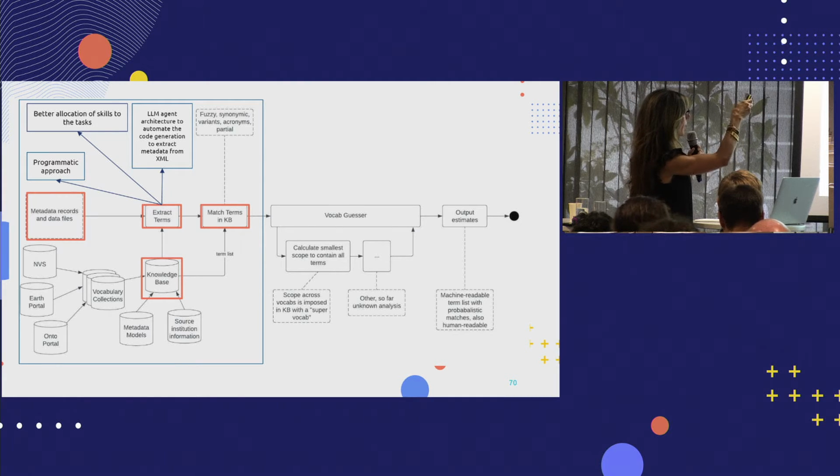Currently, we are on that side of the diagram. After we identify the terms, we want to implement the vocab guesser, which will provide mappings between the semantic artifacts. Then it will provide an output of the estimates, and the domain expert will validate if the mappings are OK and publish them.